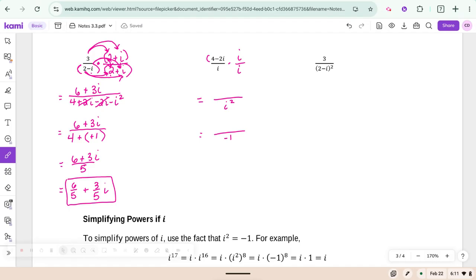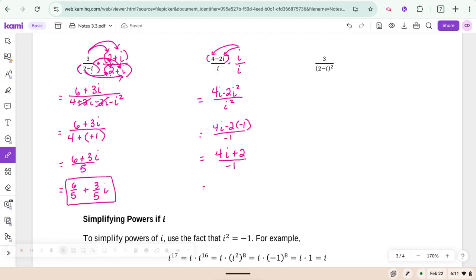So I have 4 minus 2i times i. So the i is going to distribute times the 4. 4 times i is 4i. And minus 2i times i is minus 2i squared. Now remember that i squared is -1. So basically I have 4i plus 2 over -1, because -2 times -1 is +2.